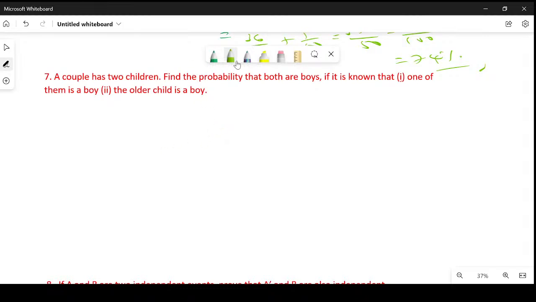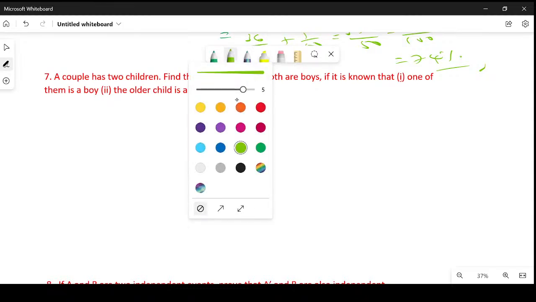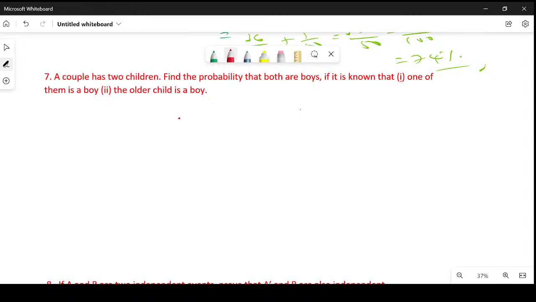Now you can see the possibilities I can write here. They gave two children, and we need both to be boys. What is the sample space I can consider? Think about the sample space in this case. I can consider both will be boys, because they gave that one of them is a boy, the older child is a boy.